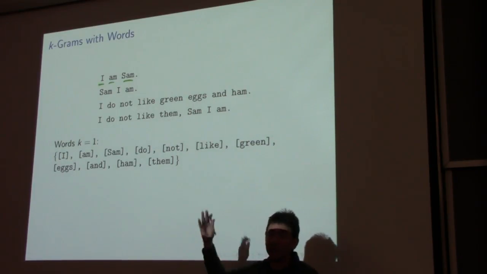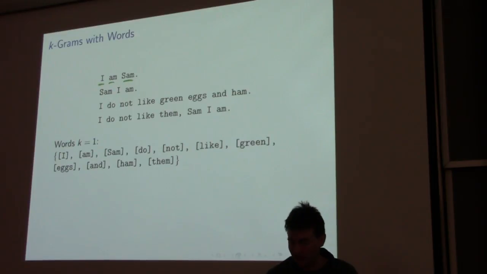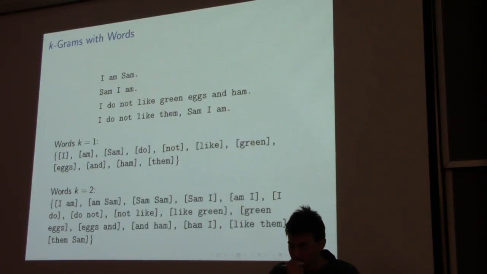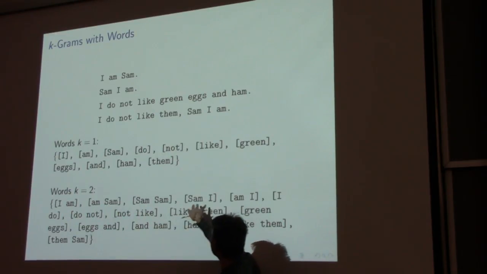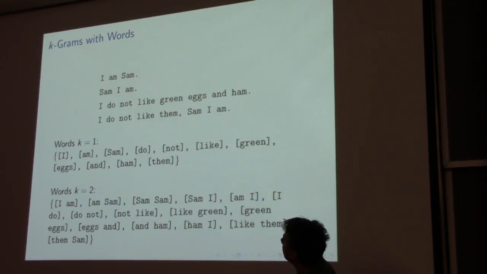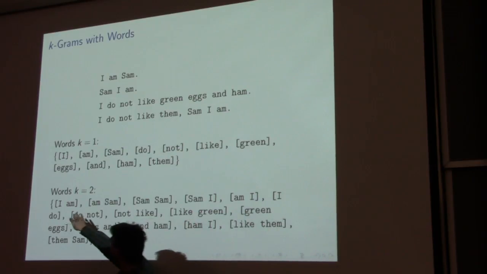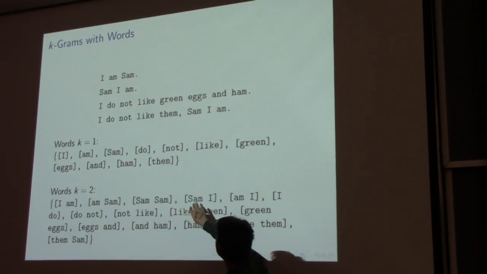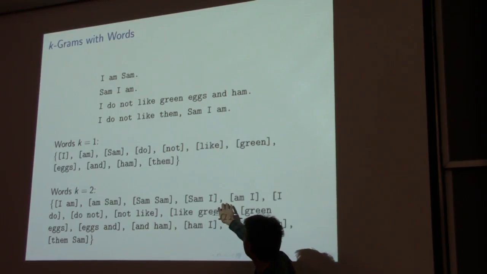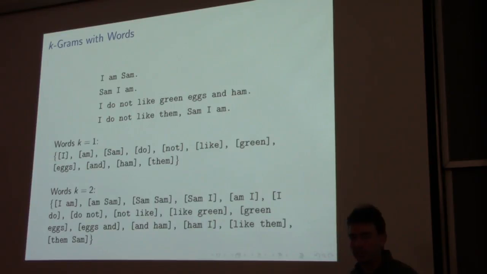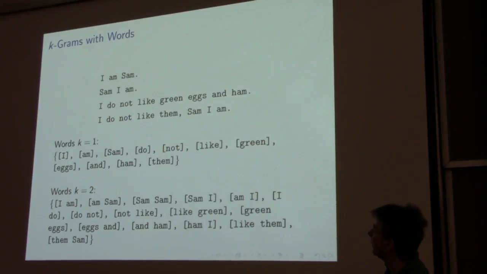Here I only say it occurred; I don't keep track of how many times. And then with k equals 2, I can see I have "I am," "Am Sam," "Sam I," and so forth. But the "I am," which appeared here, is not appearing again in this spot. So it's repeated, and I only need to keep track of it once.